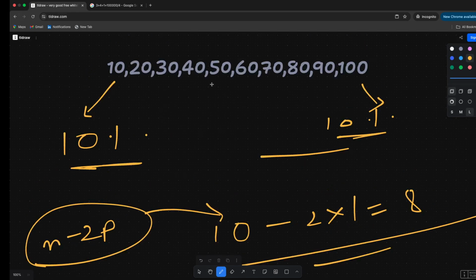And then if you remove the 10%, the trimmed data set will be looking like this, right?